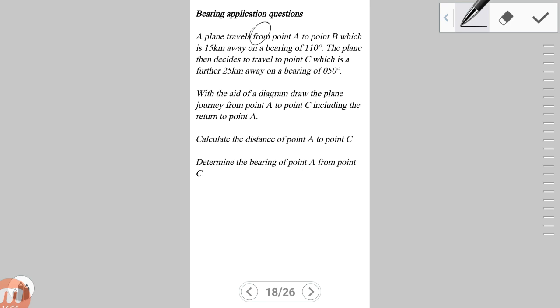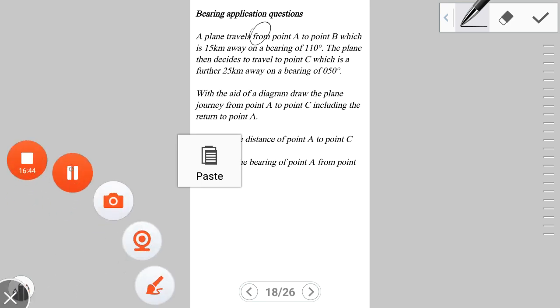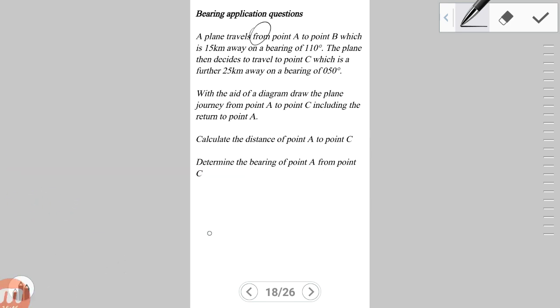So I know that the object is traveling here, say from point A. So the object here is traveling from point A. All right. And so it's going towards point B. So I need to indicate a north line here.